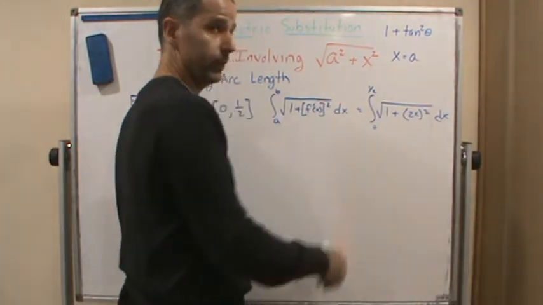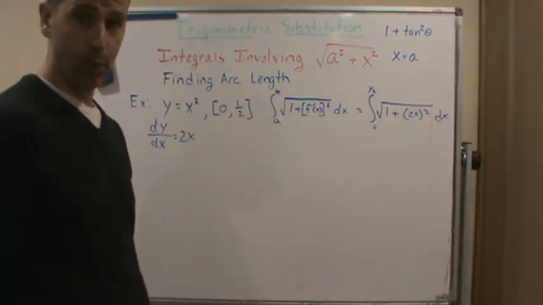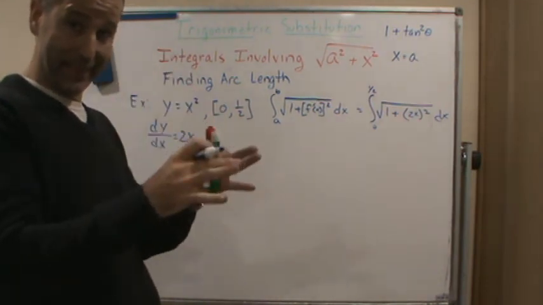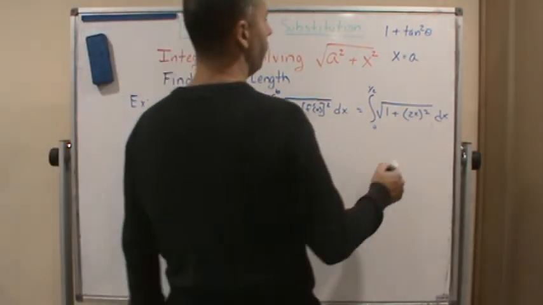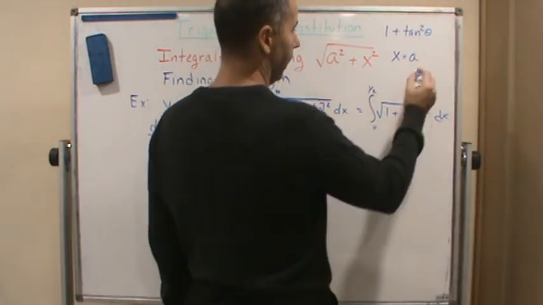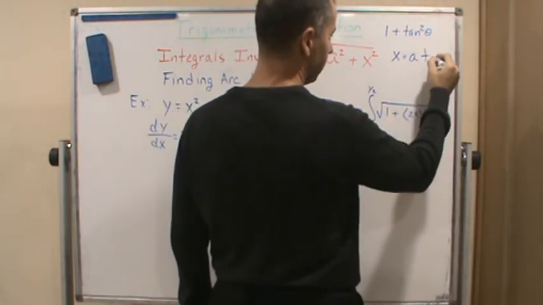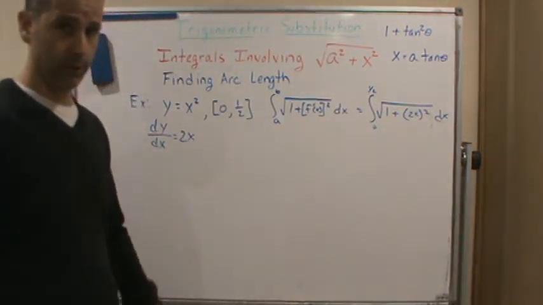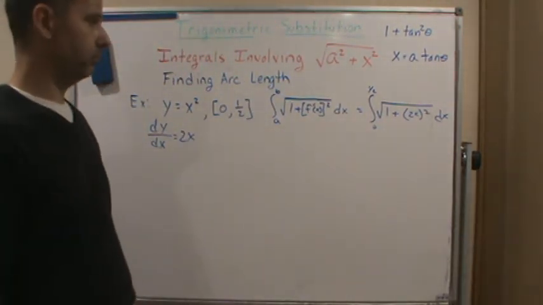That's the goal, so we can use the property to simplify and get rid of the radical. That's why we need the a there, and obviously the tangent needs to be there for the same reason. Okay?